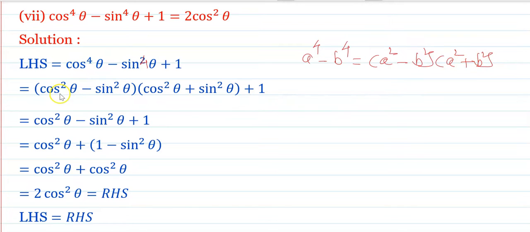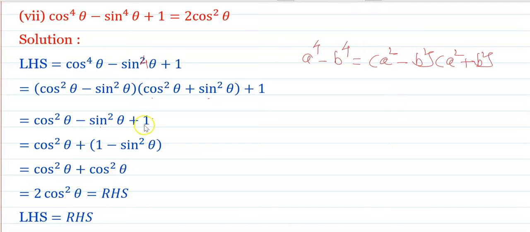Similarly here, (cos square theta minus sin square theta), another bracket (cos square theta plus sin square theta). But what is the value of cos square theta plus sin square theta? It is 1. That is 1 into (cos square theta minus sin square theta), and this is the plus 1.